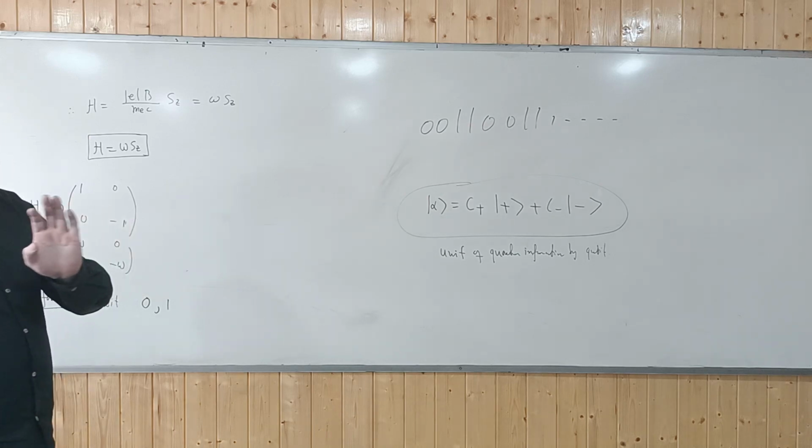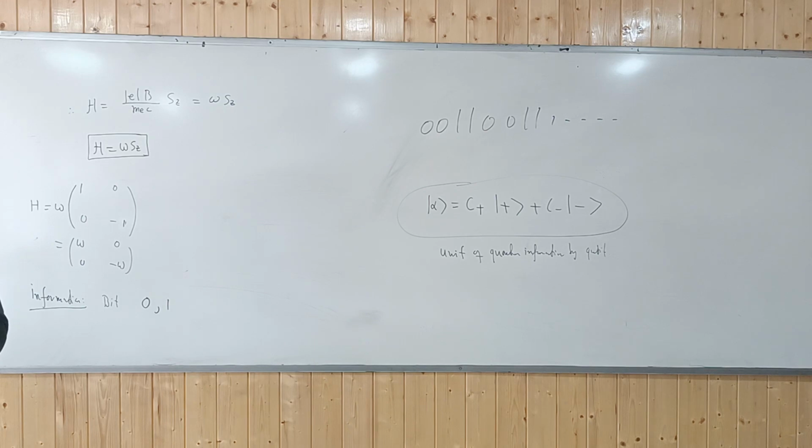Let's think of, instead of a spin half particle, the polarization of a photon. You can polarize a photon in two ways. Let's say only two polarizations are there. So let's say you are having a linear up or linear down, clear? Or circular right or circular left. So these are the possible polarizations. Elliptical right, elliptical left. Got it? And you can take polarization at 45 degrees and its opposite. Got it? So you can polarize a photon only in two ways.